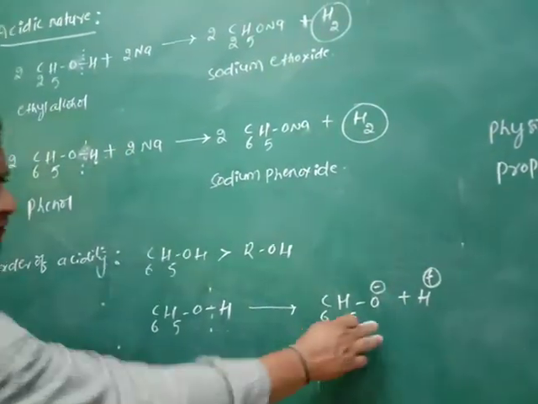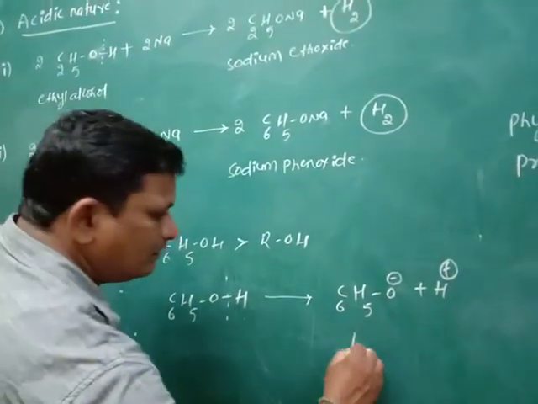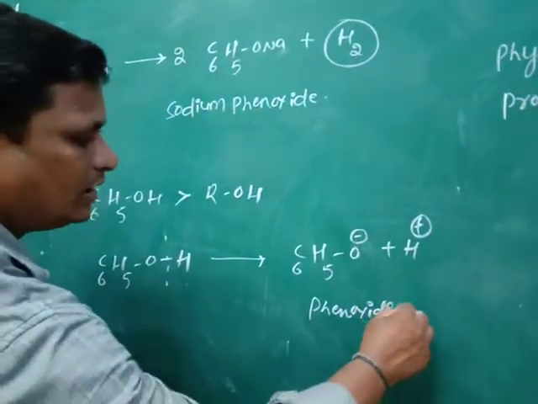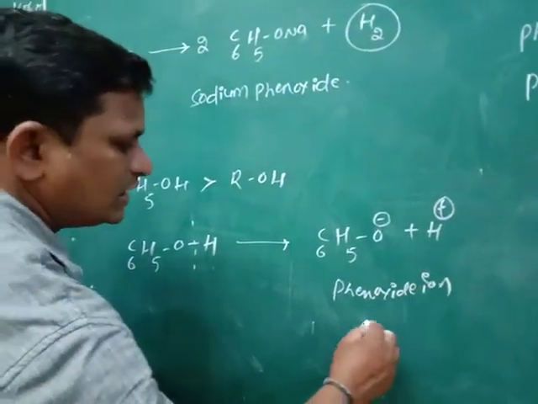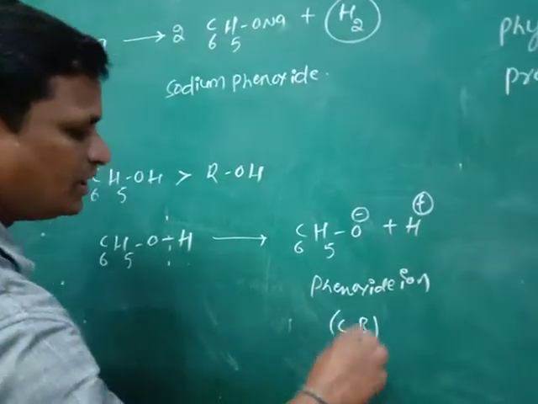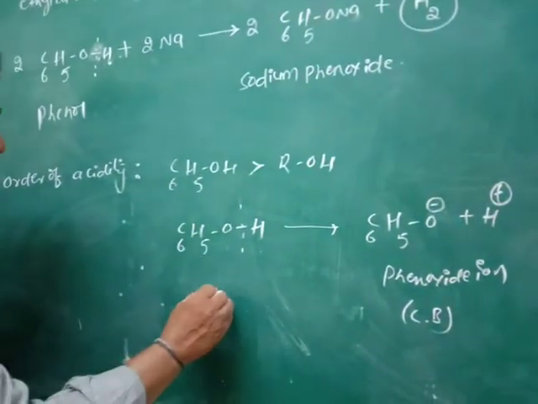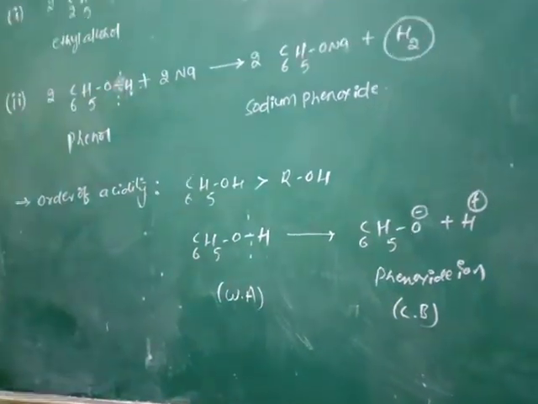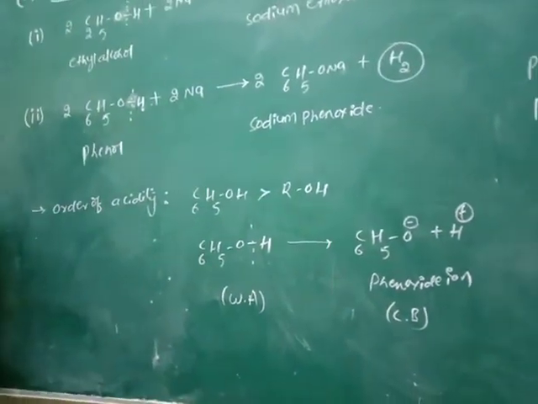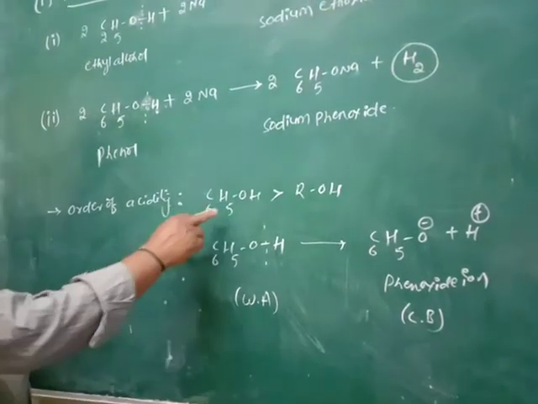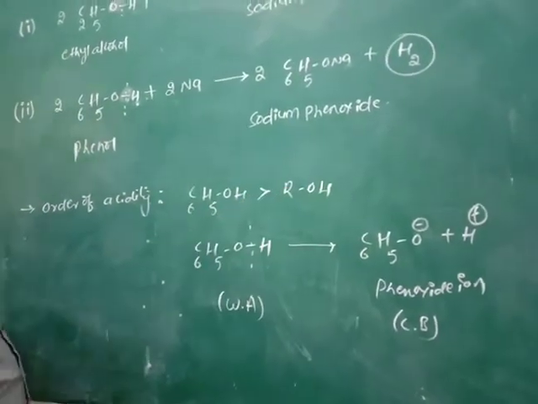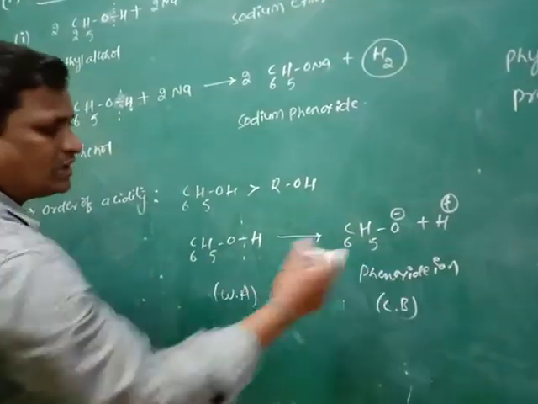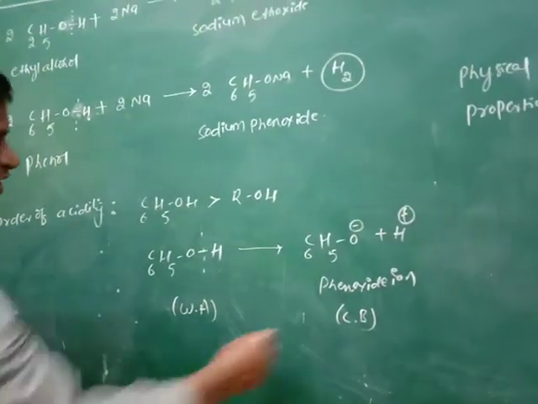This is the phenoxide ion, and the phenoxide ion is the conjugate base. Phenol is the weak acid. So generally the acidity of phenols is greater than alcohols. Phenol is the weak acid, and the phenoxide ion is the conjugate base.